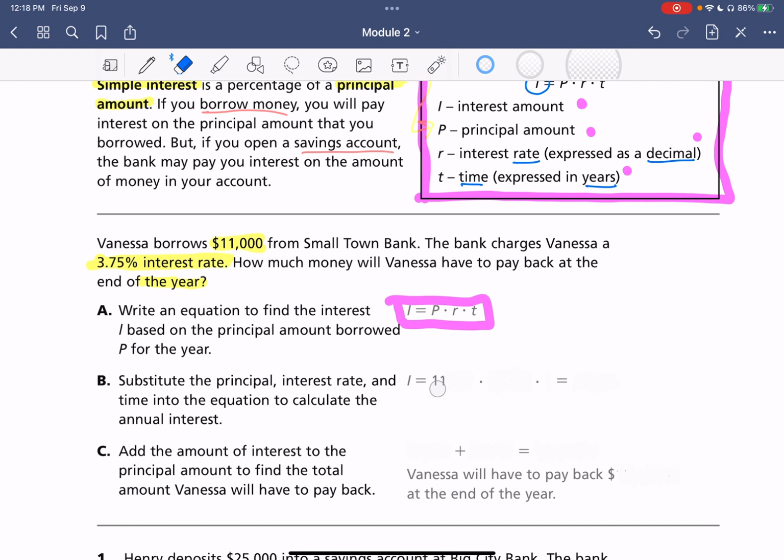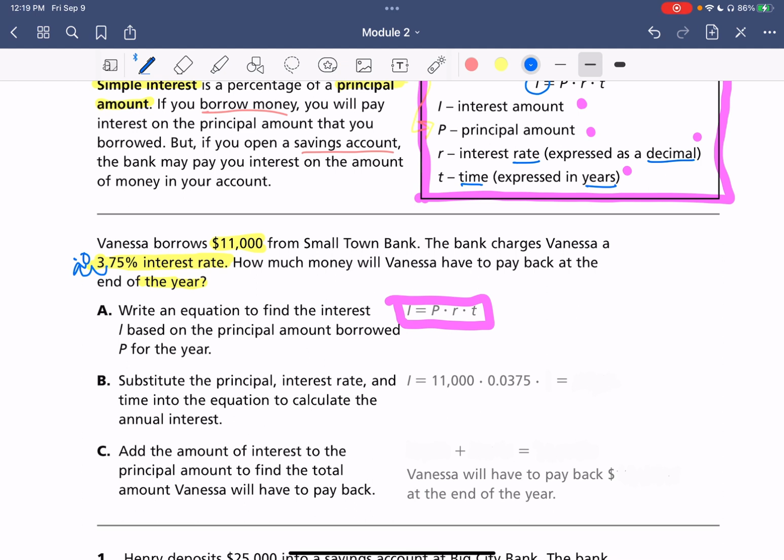Our principal is our 11,000. That's how much she went to the bank and said, I need $11,000. And the bank said, okay, we'll do that. Your interest rate, though, per year is going to be that 3.75%. So again, if you forgot how to go from percent to decimal, move your decimal to the left twice, and we have 0.0375.